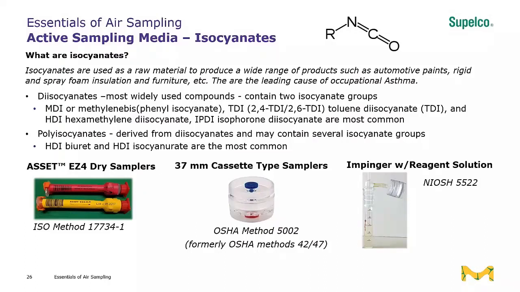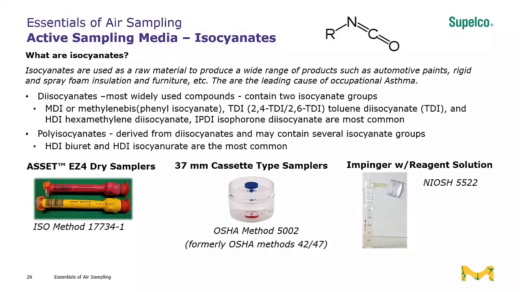They're also in rigid and spray foam insulation and in components of our furniture. And in the workplace, they're the leading cause of occupational asthma, and some of the compounds are suspected carcinogens, as well as having other detrimental health effects, particularly to the respiratory region of the body.